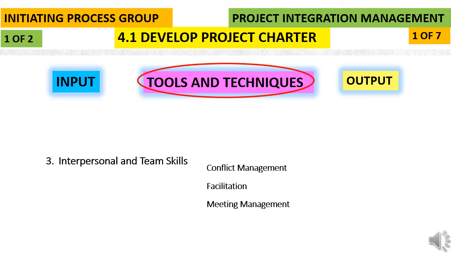And with that, you arrive at the conclusions, and in between you may have to do some moderation, again using the conflict management skills, to ensure that you are achieving the final goal of preparing the project charter.